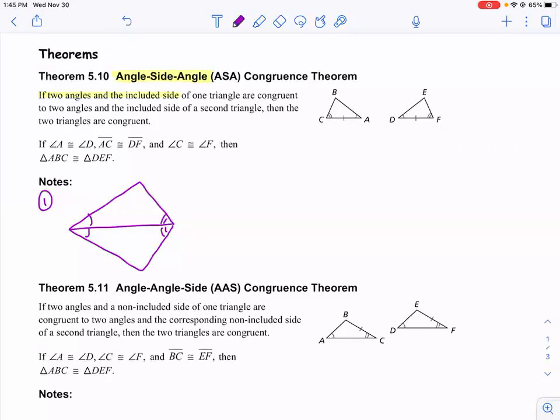Ben, are these two congruent? Are they congruent? I only see two angles congruent to two angles.